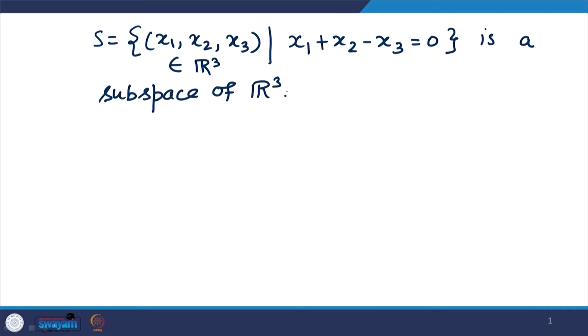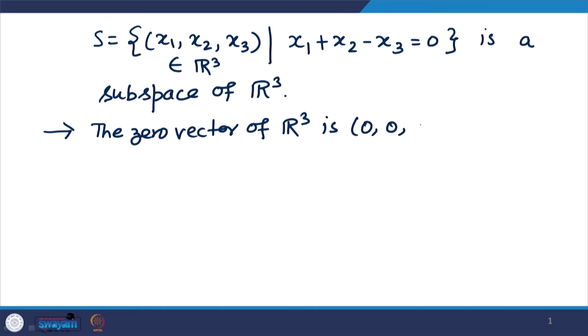So, how to show it? We will say first the 0 vector of R3 is given by (0, 0, 0), the origin of 3 dimensional coordinate space. Now, here x1 is 0, x2 is 0, x3 is 0.